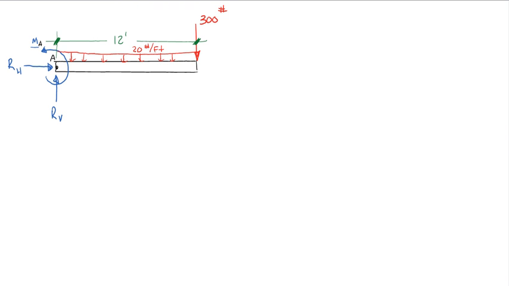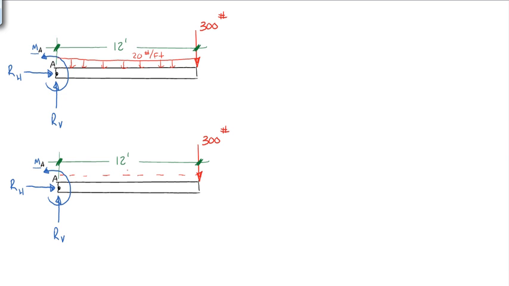So let's do that. The resultant of the 20 pounds per foot would be concentrated at its center. It would be 20 pounds per foot times 12 feet, which is equal to 240 pounds, and that would occur 6 feet from the left end.